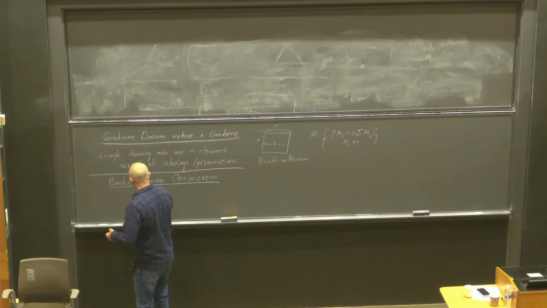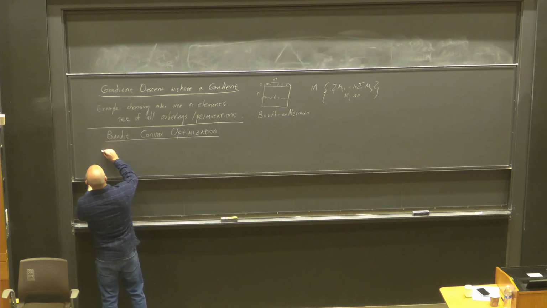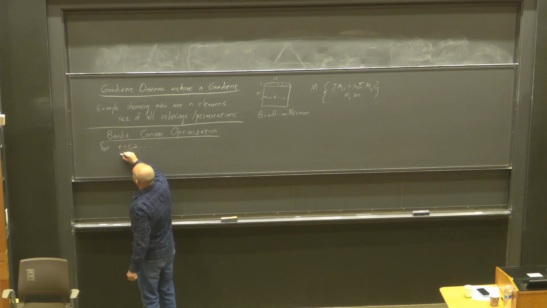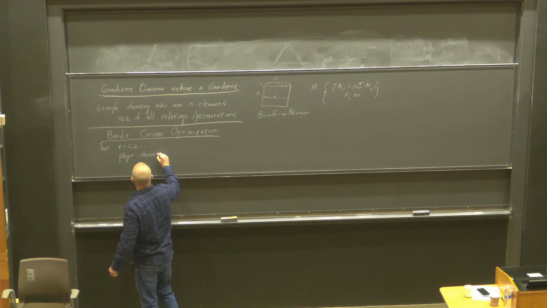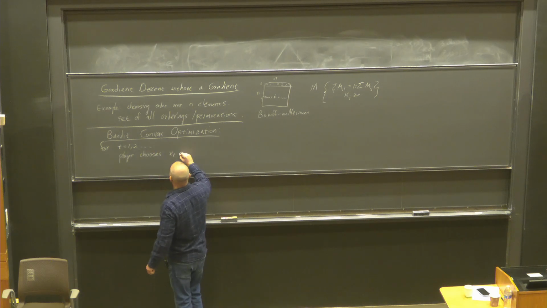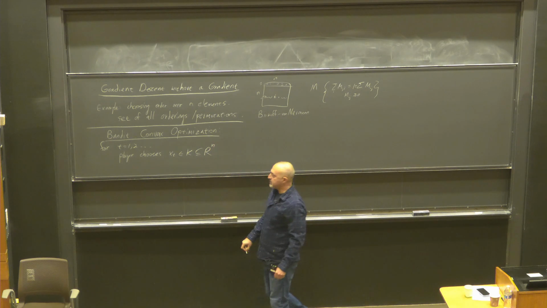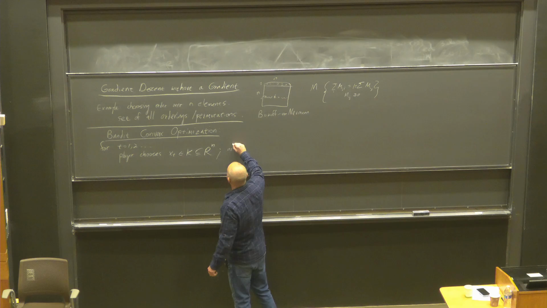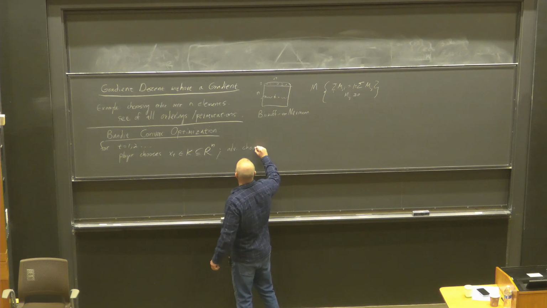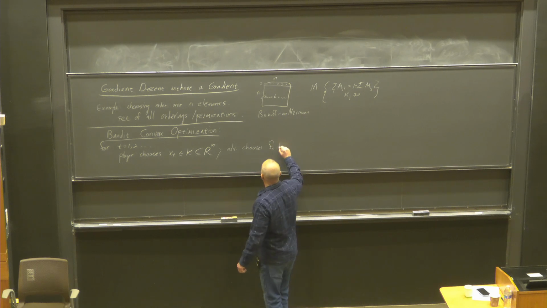So this works by an iterative game. For t equals 1, 2, and so on, the player chooses x_t in some K, which is a subset of R^n. Then the adversary chooses a loss function f_t from K to the reals.